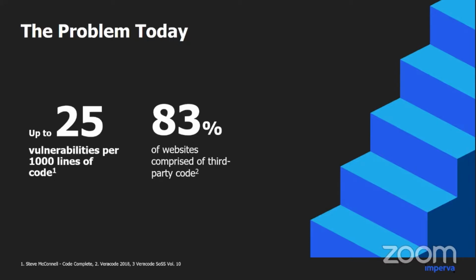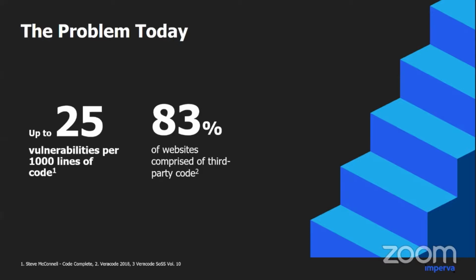And you know, this statistic here from Veracode, 83% of websites have third-party code. And you do not know what is in that code or whether that is actually vulnerable. And those vulnerabilities will be our zero-day attacks that can come.